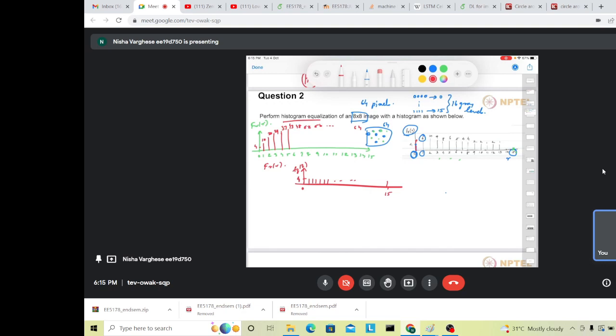Then you have to draw the CDF of this function, F_Z(Z), that will be the accumulated version: 4, 8, 12, 16, etc. Up to 15 you have to draw. Then the thing is that Z equals F_Z inverse of F_R(R). So what should you do?